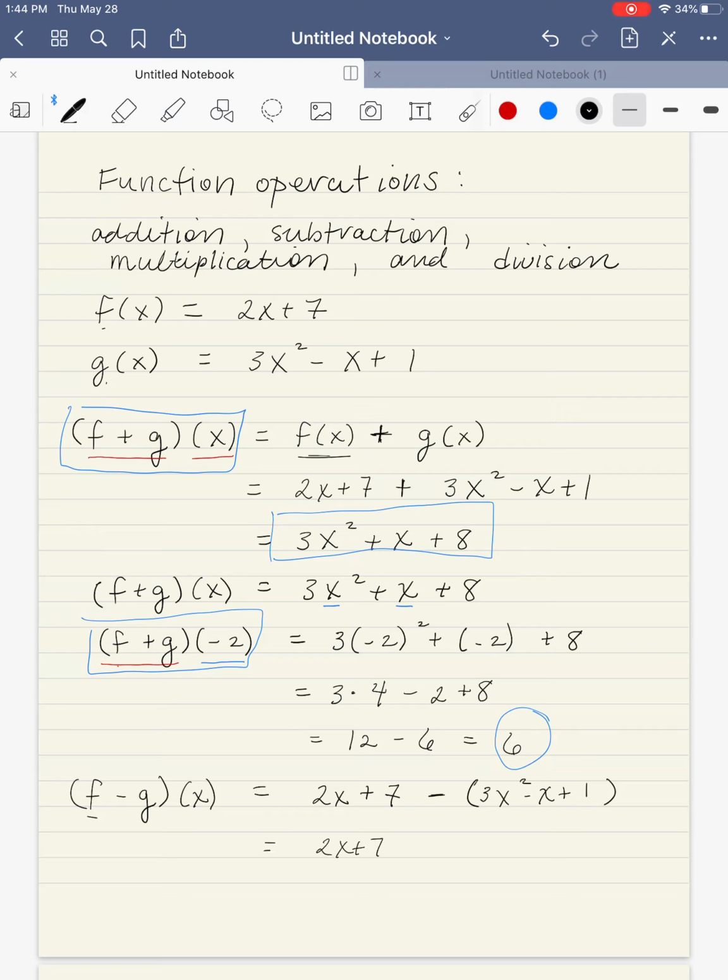And then that would give me minus 3x squared plus x minus 1 by distributing my negative. And then combining like terms, I have the new function that f minus g of x is equal to negative 3x squared plus 3x plus 6.